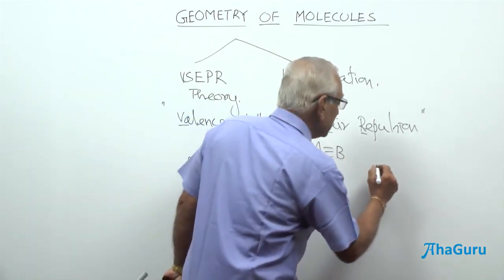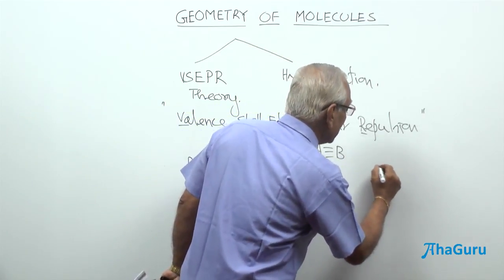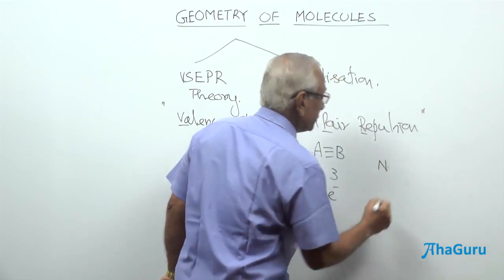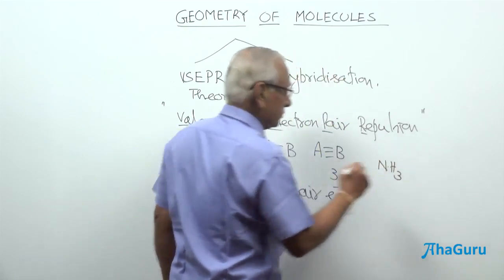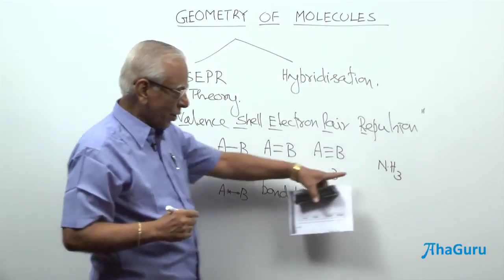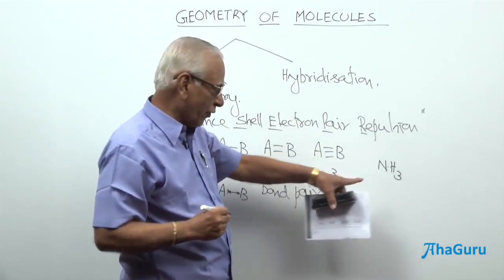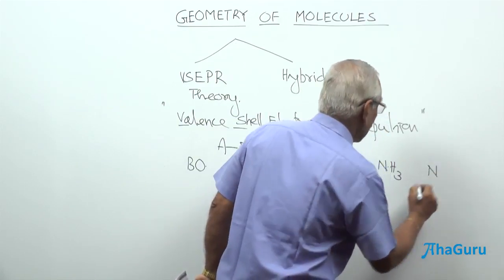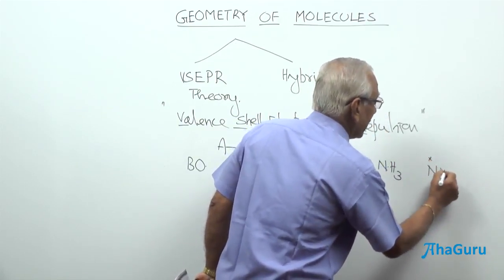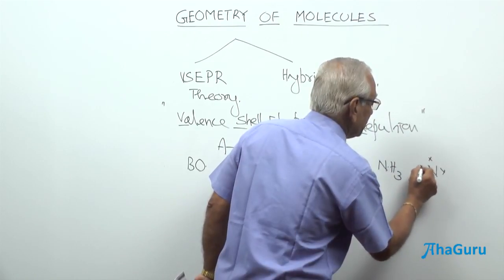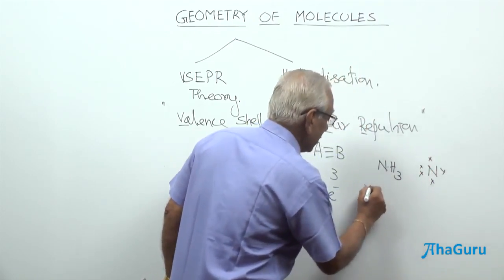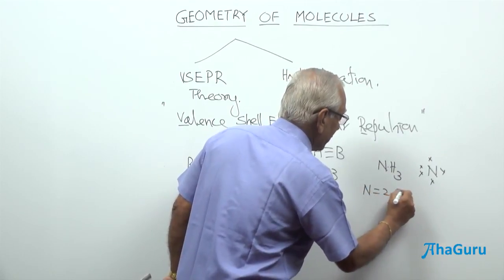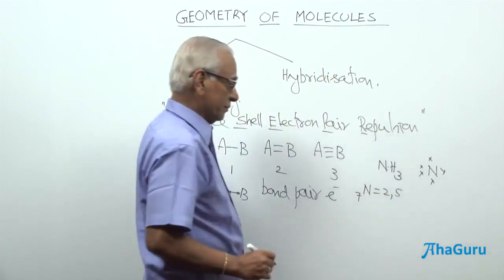Now, in some cases, for an atom A, let me take ammonia. If one draws the electron dot formula of ammonia, nitrogen has 5 electrons in the outermost shell, because the electronic configuration is 2, 5, and the atomic number is 7.